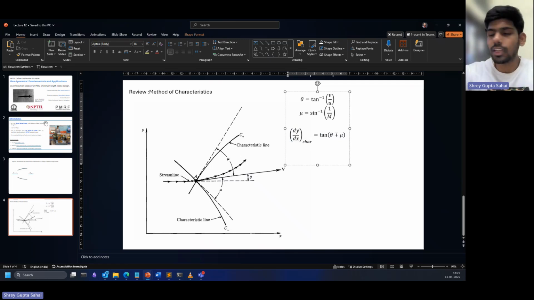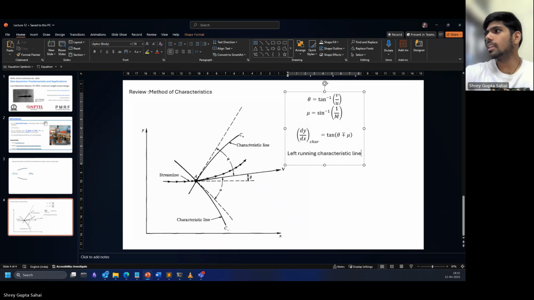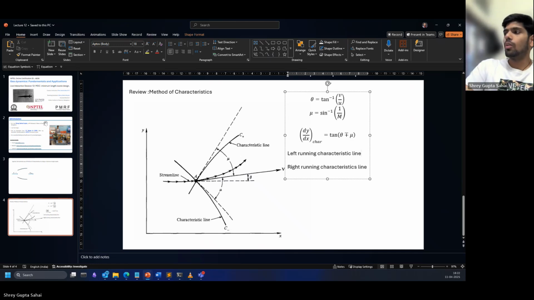So there is a left running line and a right running line, and there is a certain nomenclature associated with it, which we will discuss also. Note how tan of theta plus mu is the line that runs on the left, isn't it?